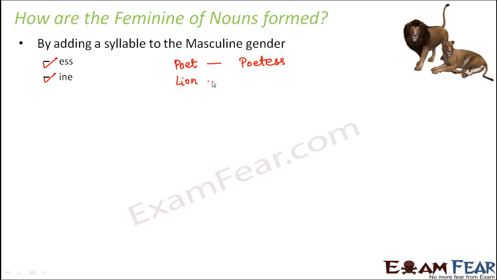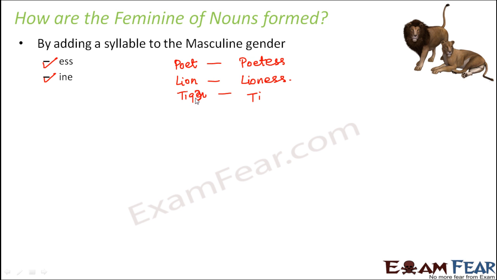If you talk about lion, how do you get the feminine form? By adding ESS at the end. So you get lioness. If you talk about tiger, how do you get the feminine form? Now you might say tigeress, but that is not the case. There are certain words where we remove a vowel and then we add this syllable ESS.